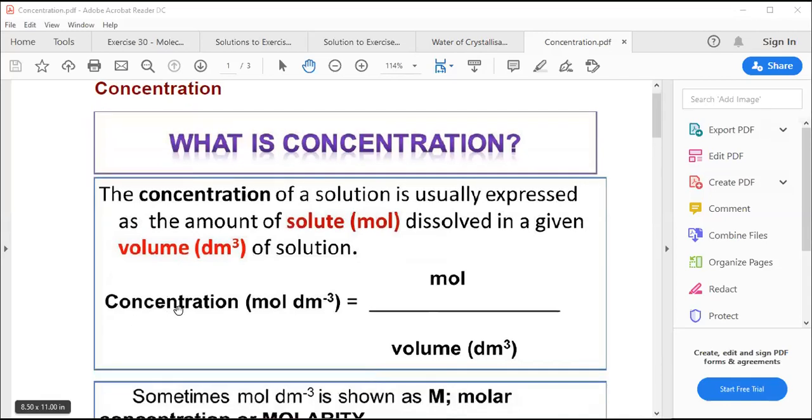Then you've got your formula there: concentration, and the units are mole per cubic decimeter, is equal to mole divided by volume. Or you can say the amount of substance divided by volume.